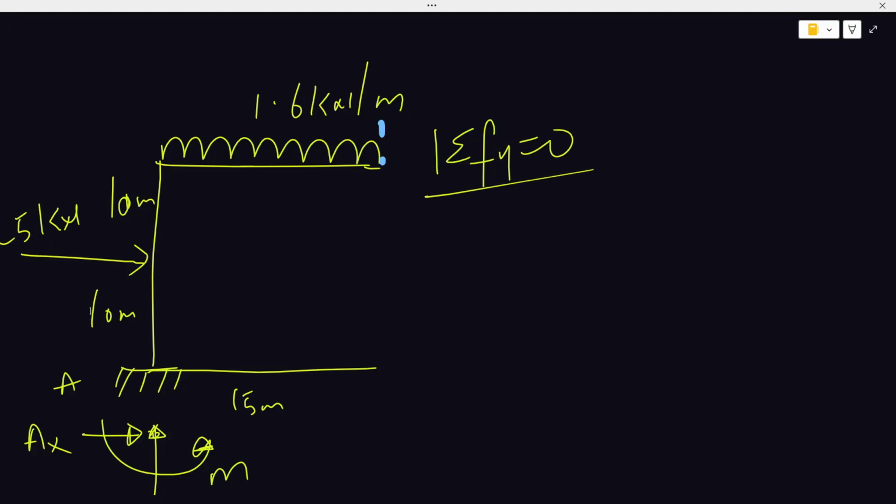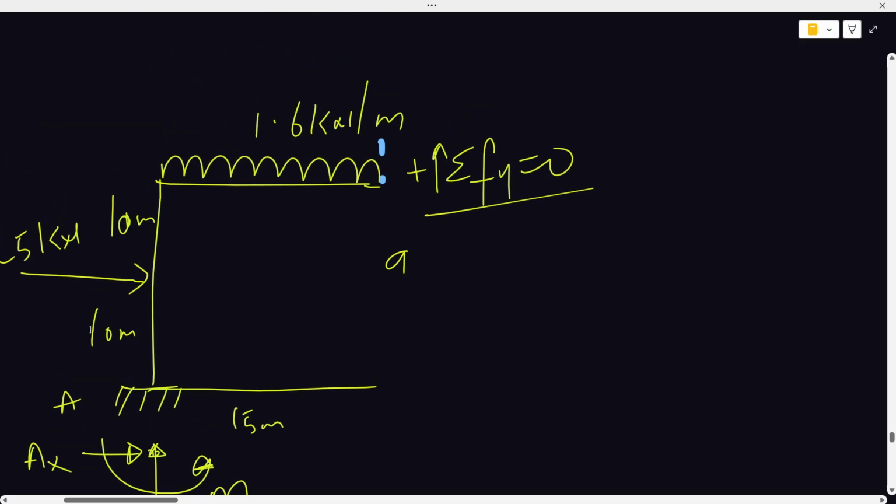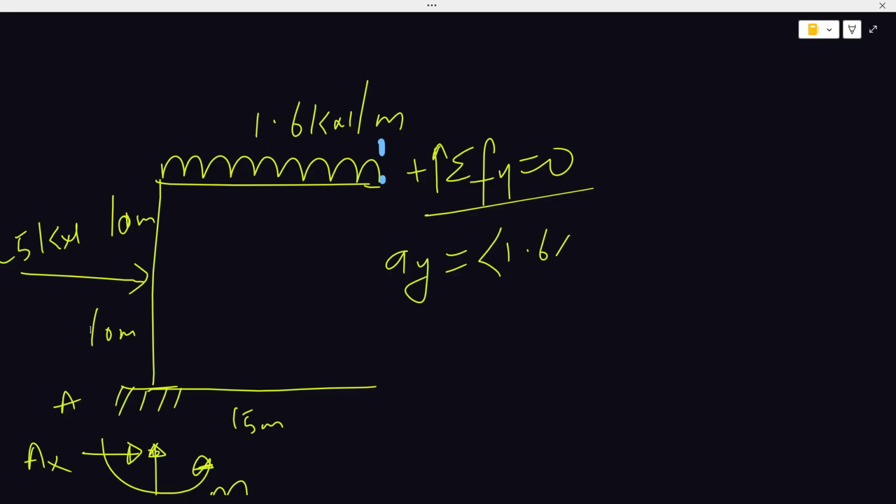I basically think of it as my upward is equals to my downward. So by this, I can say that AY, which is coming from beneath from this support reaction upward, is equals to downward, is equals to 1.6 times 15, which is equals to 24 kilonewtons.